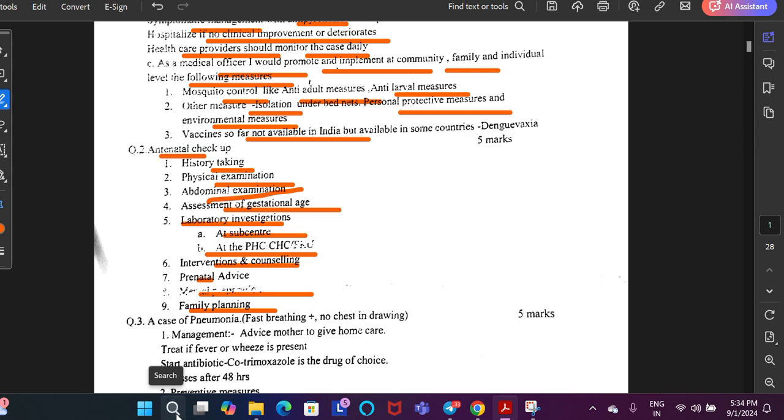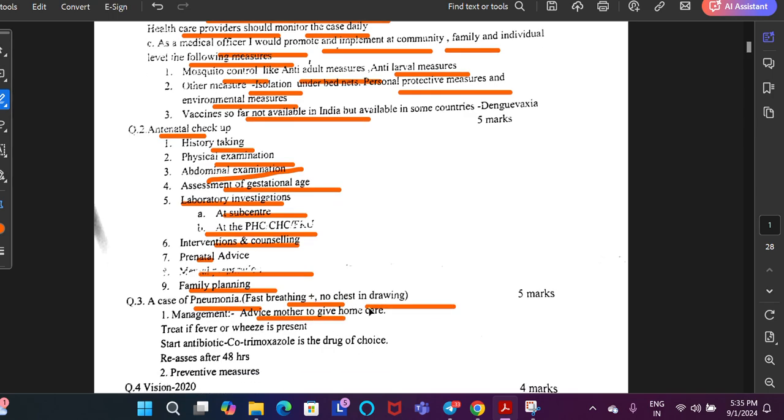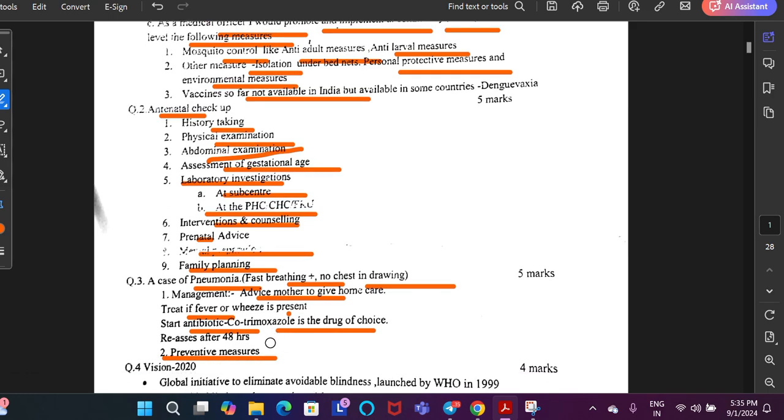How will you classify her diagnosis and what treatment will you give? It is a case of pneumonia, fast breathing with no chest indrawing. Management: advise mother to give home care. Treat if fever or wheeze is present. Start antibiotic. Co-trimoxazole is the drug of choice for pneumonia. Reassess after 48 hours. Then preventive measures you have to take to prevent pneumonia.